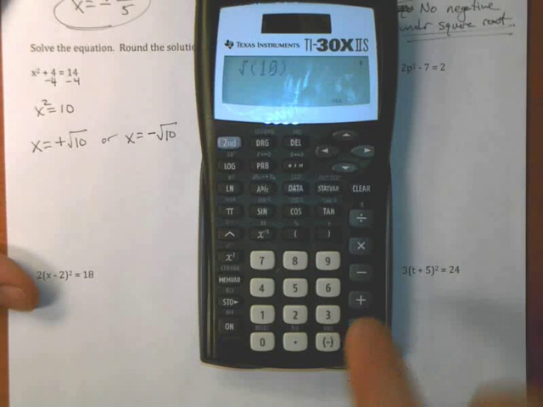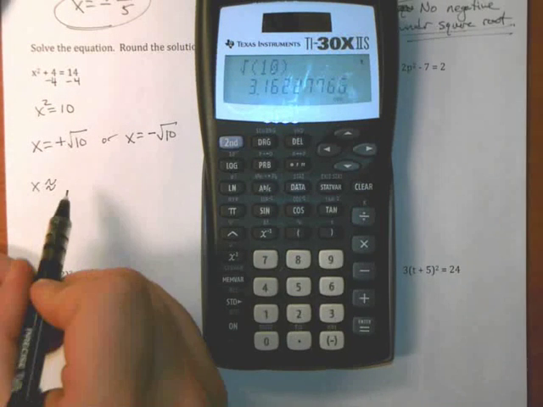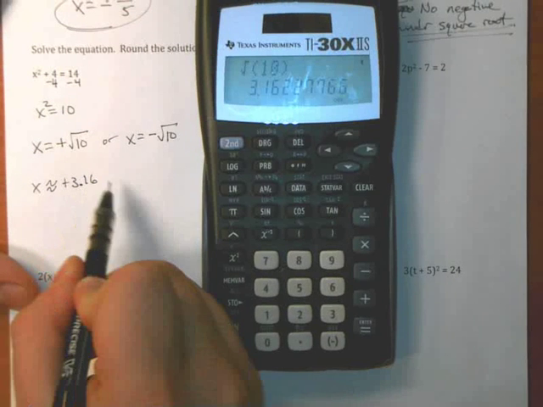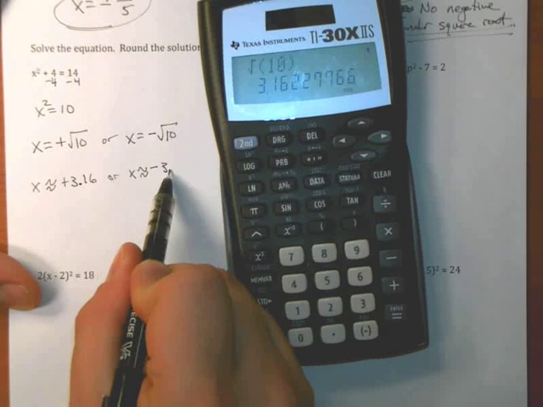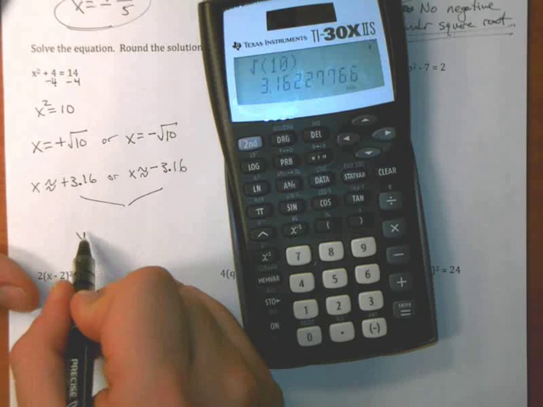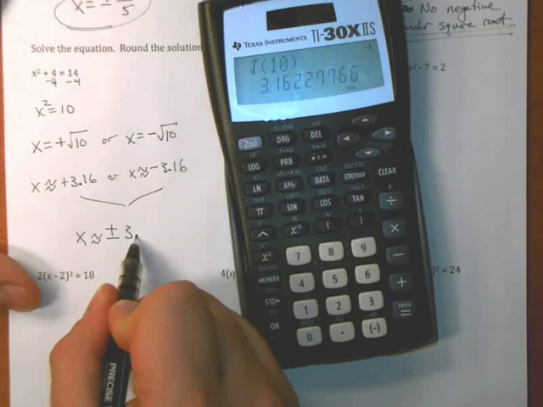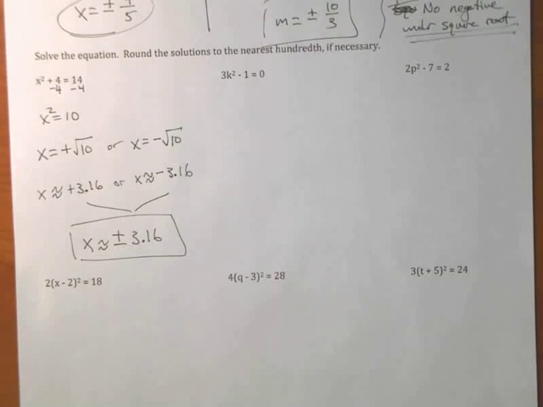So x is approximately positive 3.16, or x is approximately negative 3.16, or maybe more succinctly, x is approximately plus or minus 3.16.